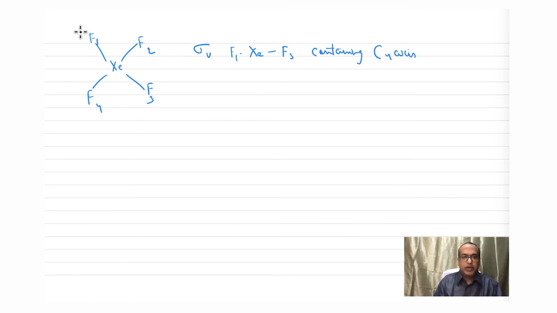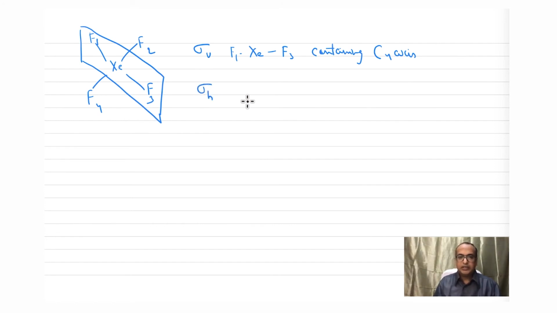This is just to help you identify which plane this is. It is the plane containing these three atoms and is perpendicular to the plane of the board, containing the C4 axis. Okay. So these are the two sigma V's which are present.